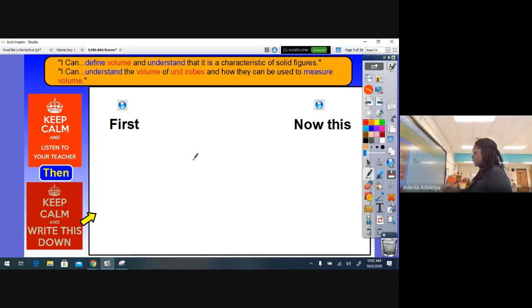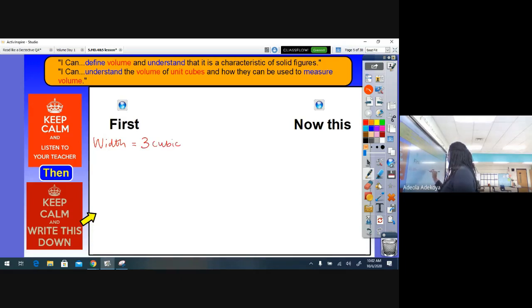So what we can do, our width, how wide it was, was 3 cubic units. Our length was also 3 cubic units. And our height was also 3 cubic units.